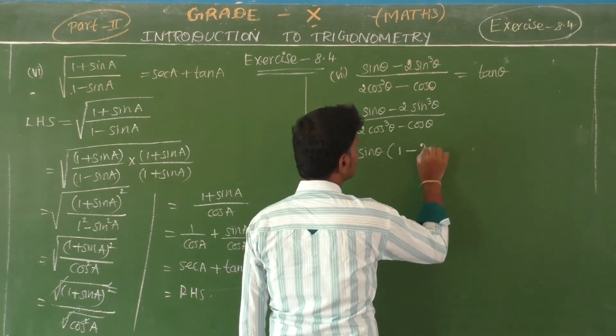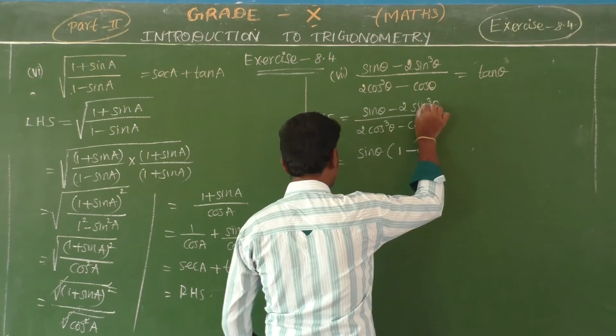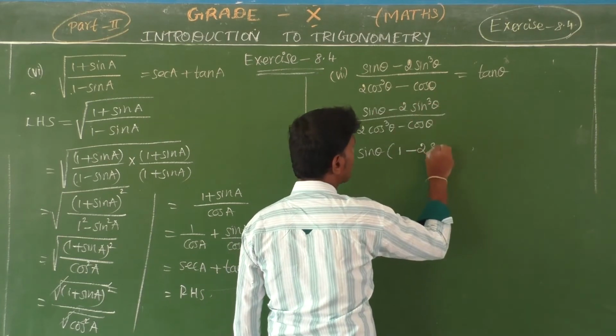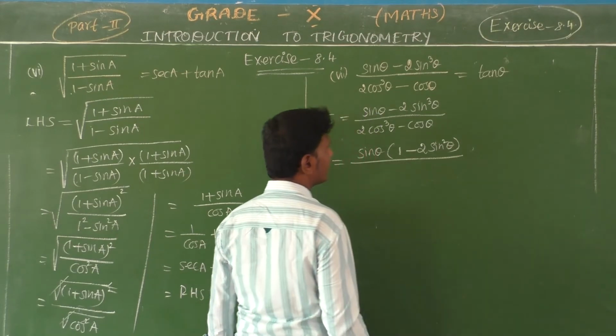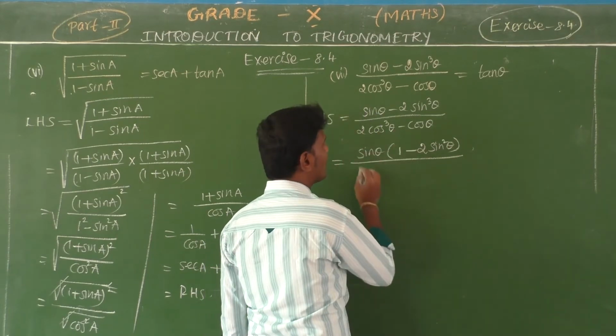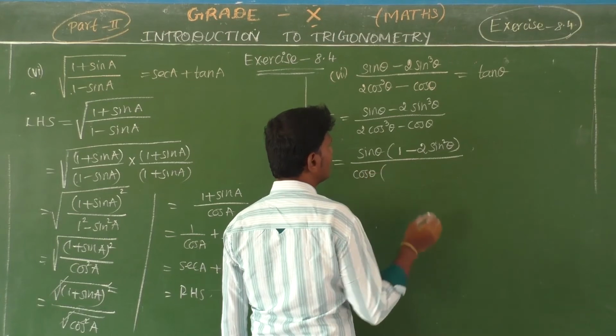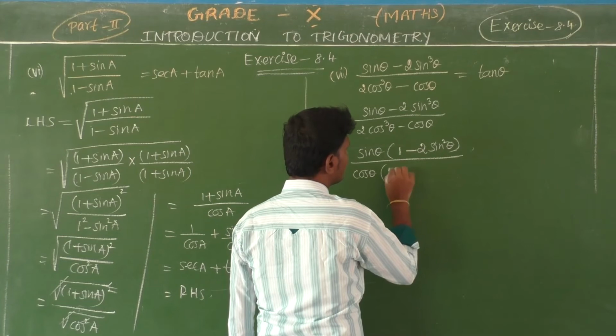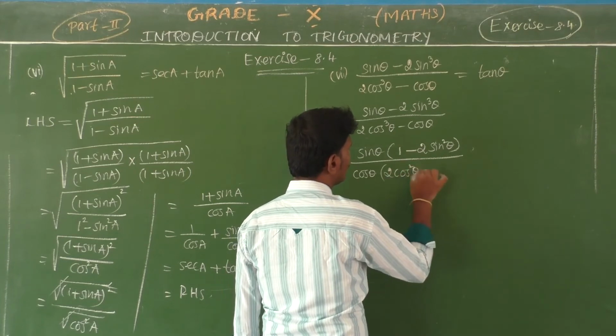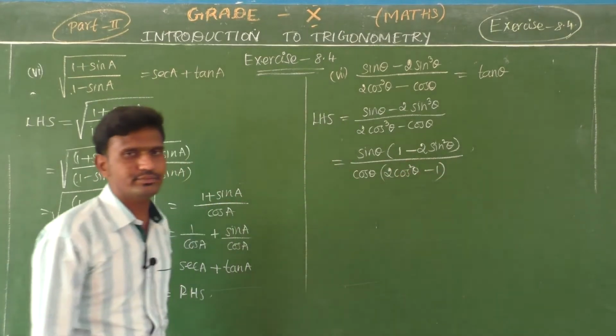And from 2 sin cube theta, I am taking sin outside, so I am going to get 2 sin square theta. The whole divided by, here also you have cos theta as common, so for that I am taking it outside. So from 2 cos cube theta, the remaining is 2 cos square theta minus 1.